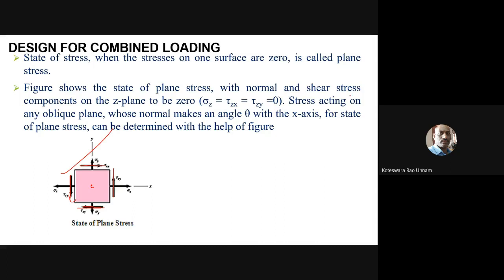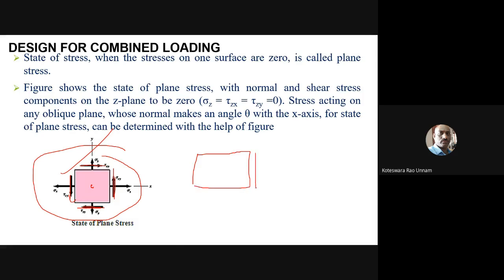So that means it is always important, if you have a positive stress, to show the positive stress on all the planes. You can't show positive stress on some planes and negative stress on others. You have to show positive stress on all faces, or if it is negative, you can show negative on all.